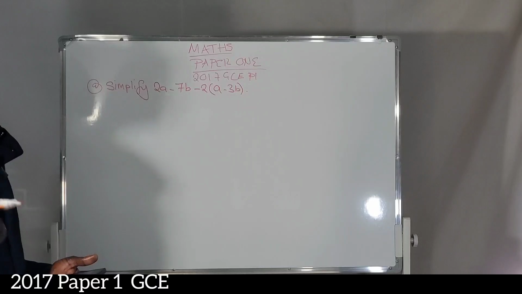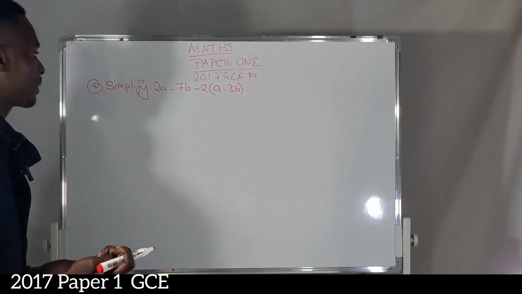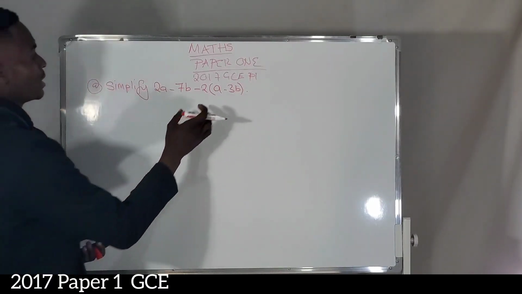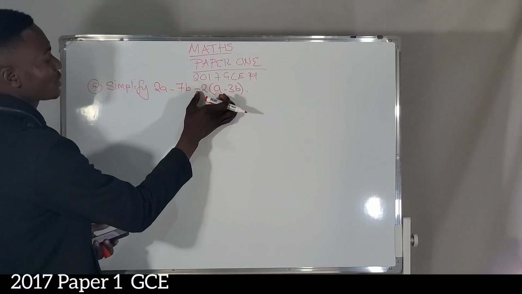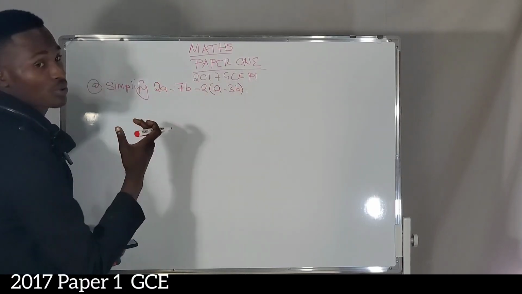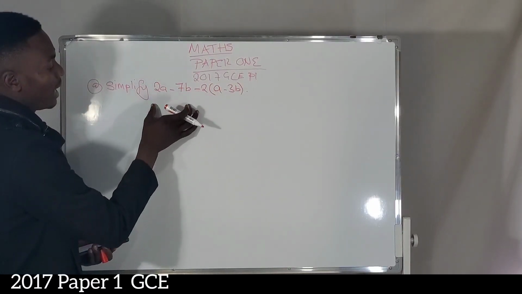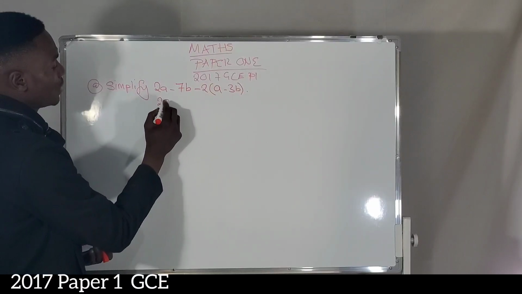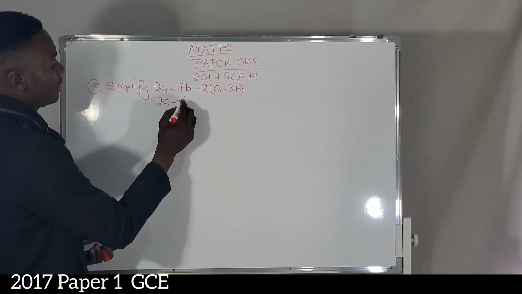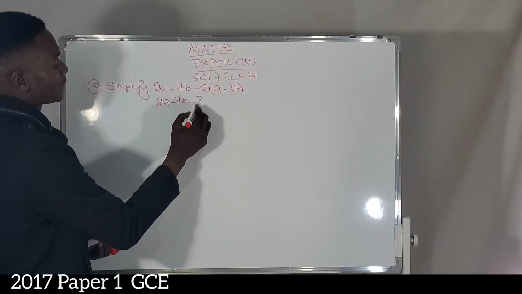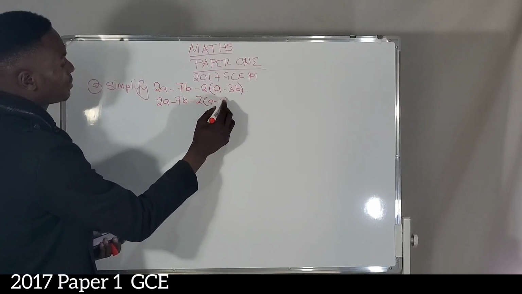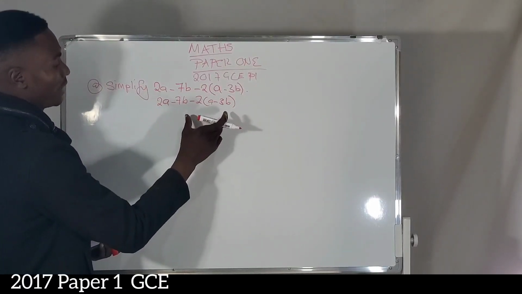Okay, so solving this question is easy. The key is the number which is closer to the brackets. So what you do, you copy the way these are, like this, 2a minus 7b minus 2 open bracket a minus 3b, then you start solving.